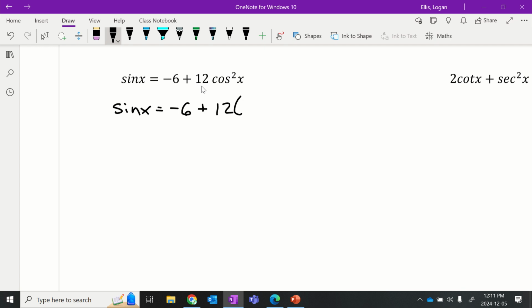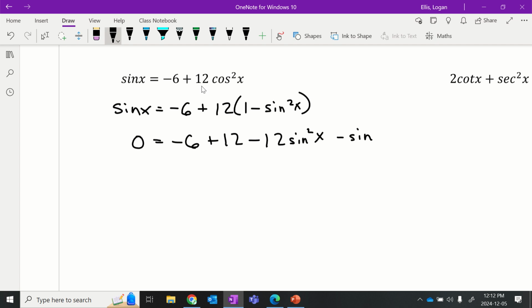So really what you want to be doing is, instead of cos squared x, remember the Pythagorean identity is sine squared plus cos squared equals 1. So really cos squared can be written as 1 minus sine squared x. And when you do this now, when you simplify everything, let's bring it all to one side, right? So we're going to get, let's write it all out so I'm not going to lose any numbers here. So this would be minus 12 sine squared x, and then we bring the sine x over, so minus sine x.